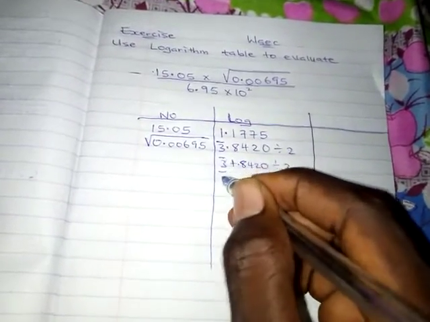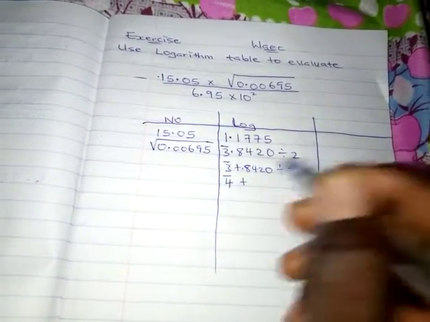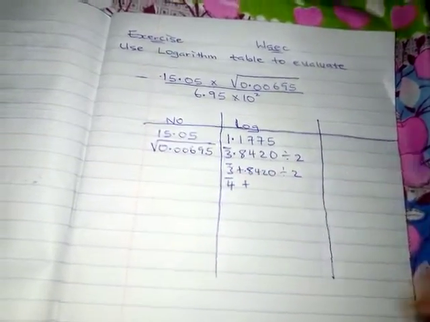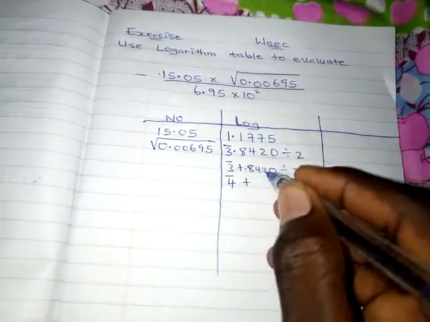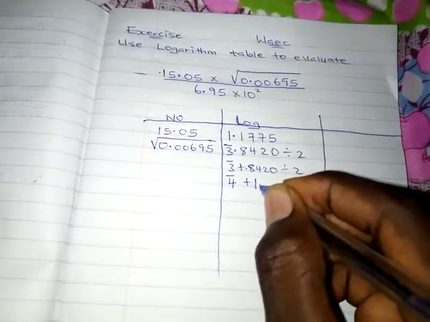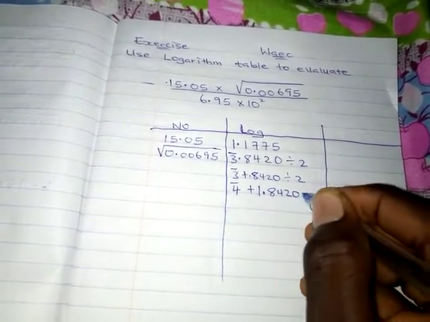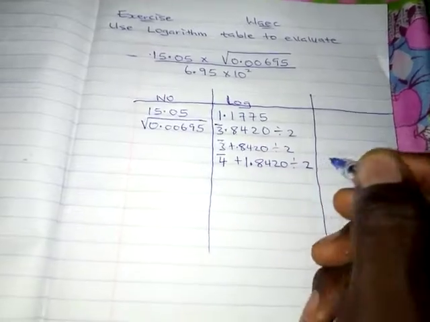So we have bar 4 plus that number you've added to this 3 to make it 4. That 1, you add it to this 1 or these other numbers also. So it becomes 1.8420. And we cannot divide it by 2.